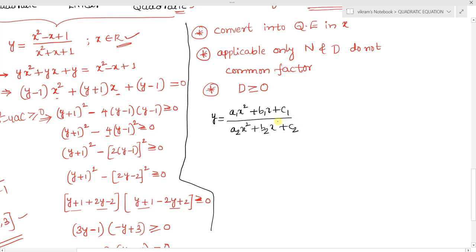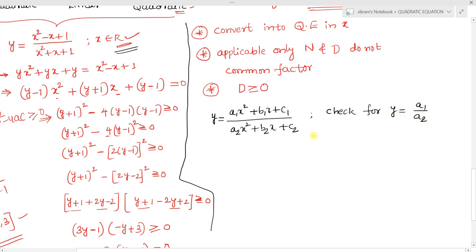If it is in this form, after finding the range, as in the example we just saw, check for y equals a1 by a2.